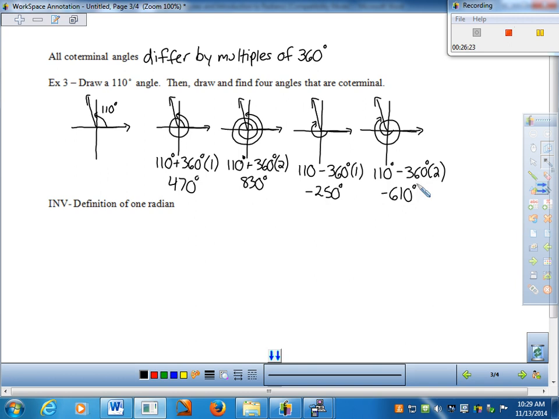So I've got negative 610 on that. Awesome. All right, put a little dot, dot, dot on the end there. Again, I asked for 4. Theoretically, there are an infinite number of coterminal angles for any angle in existence. And that sort of draws off what we talked about on the previous lesson.